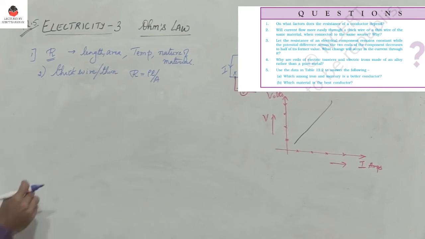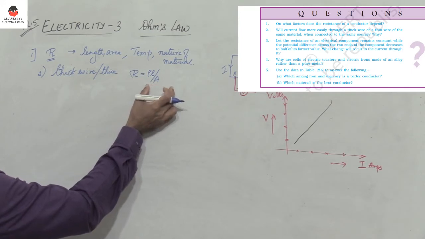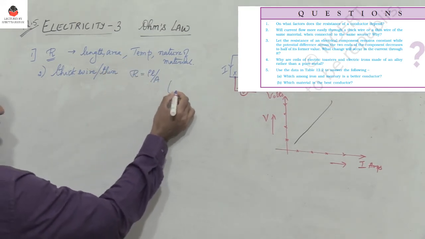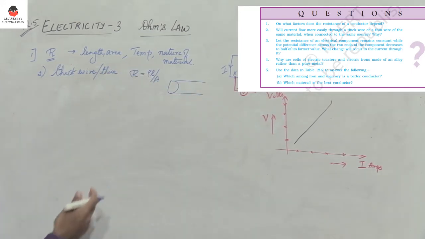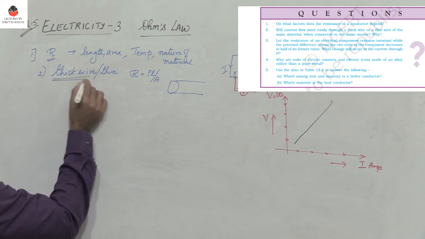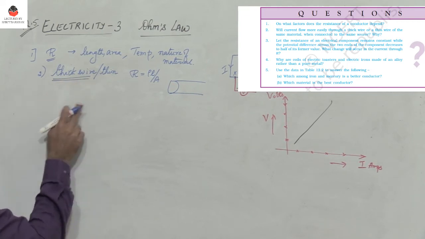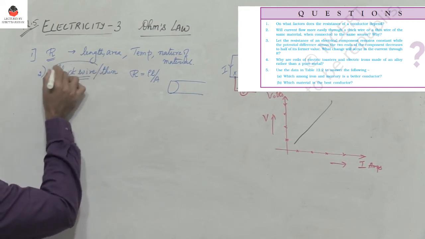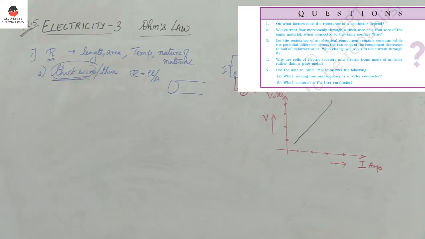So if the area is much larger, that means if the wire is much thicker, then the resistance will reduce, so the current will flow much more easily. So the answer is thick wire. The current will flow much more easily if the wire is thick than when the wire is thin.